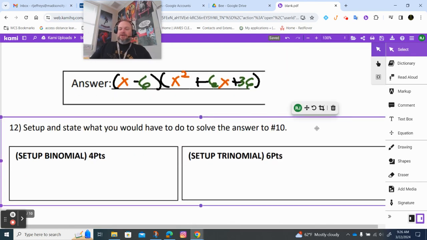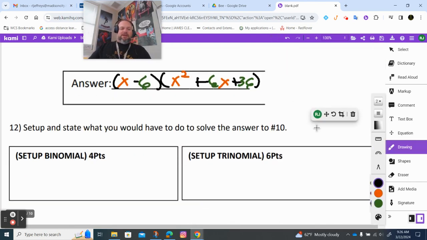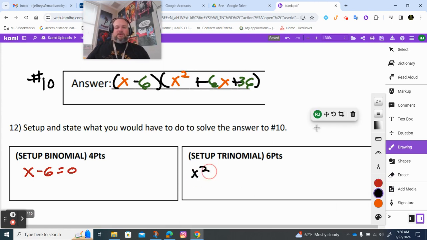Here's my answer from number 10. This is what I need to set up. All right, the binomial part. Watch this. X minus 6 equals 0. Bam. Okay. X squared plus 6x plus 36 equals 0.